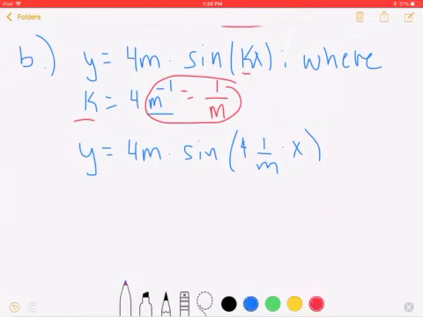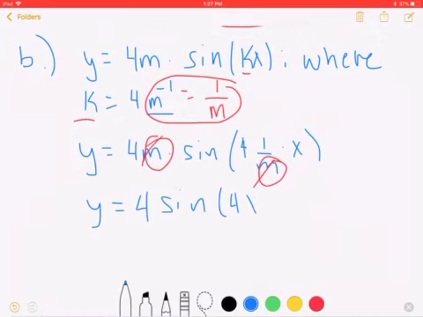What happens here is that meters in the numerator, meters in the denominator, they cancel out. We're left with the equation y equals 4 times the sine of 4x. Technically, there are no units, so if there are no units on the left side, no units on the right side, that means that we're dimensionally consistent.